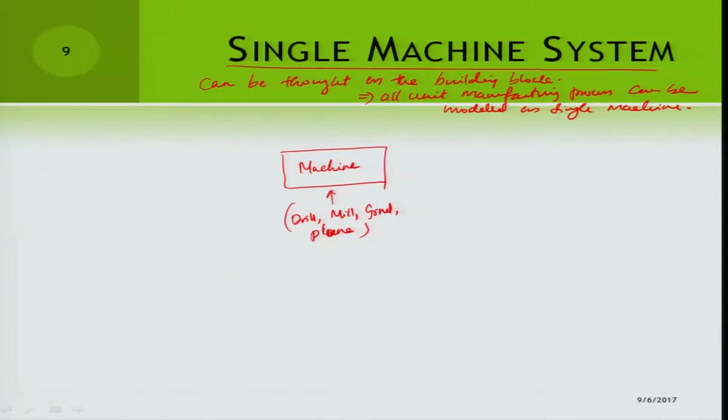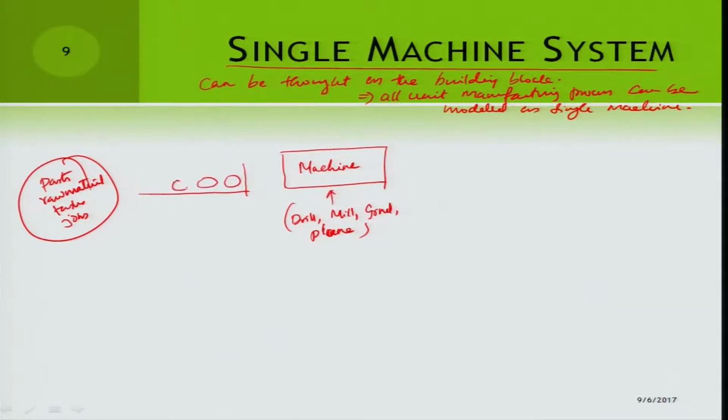Okay, and then you have parts or raw material or tasks or jobs, all of these things you can call whichever way you want. We'll talk about it in much more detail. They come to this machine and wait. So these are individual parts waiting.